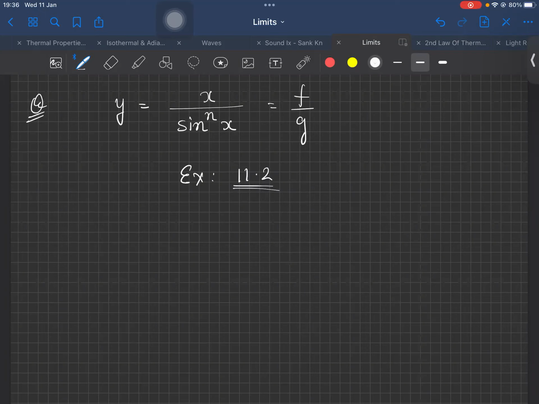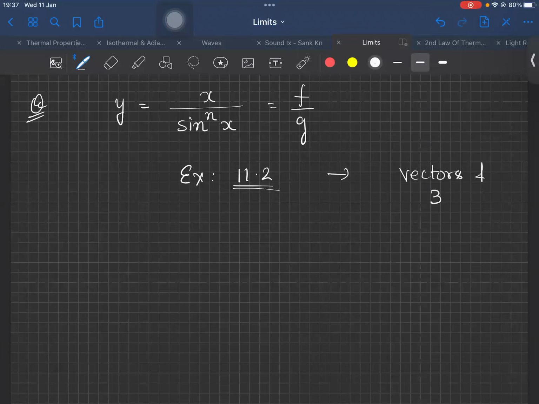Which is the next chapter you guys want to do? See, next class we are going to do revision of limits and derivatives, and we'll solve, of course, the doubts if you have any in limits and derivatives. So which chapter next? Probability, or which chapter do we have left? Vectors and 3D geometry, right?